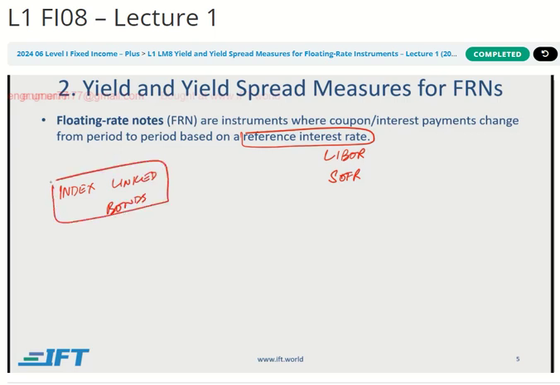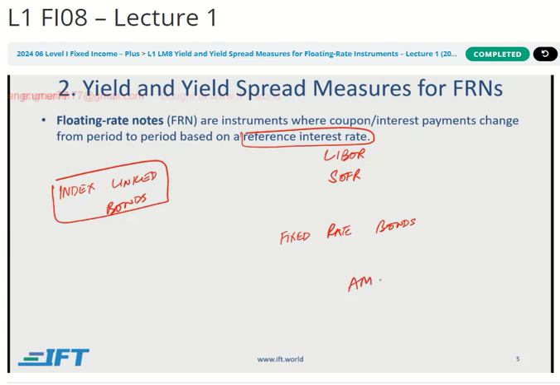First of all, let's try and understand practically why somebody would want to buy a floating rate note versus an index linked bond, and why either of them are more attractive than your normal fixed rate or fixed coupon rate bonds, right?